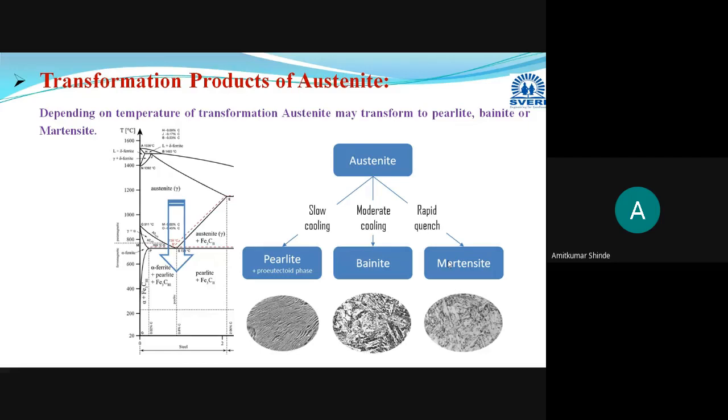The first transformation product is that austenite gets transformed to pearlite. How does this occur? Keep this diagram in your mind: austenite is transforming from this temperature zone of your iron carbide diagram, with different cooling rates, and we are getting these three products. Now what exactly happens during the cooling process? First we will see what happens when we use a slow cooling rate.